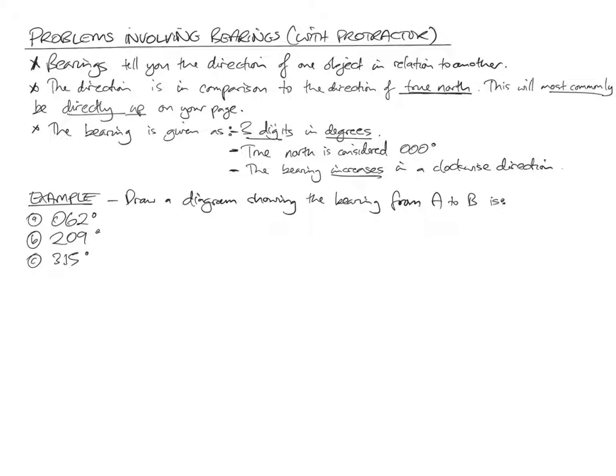So if your true north was straight up and down like this, and that's 000 degrees, that number would increase as you go around. So here would be 180 degrees, and then you keep going in a clockwise direction.